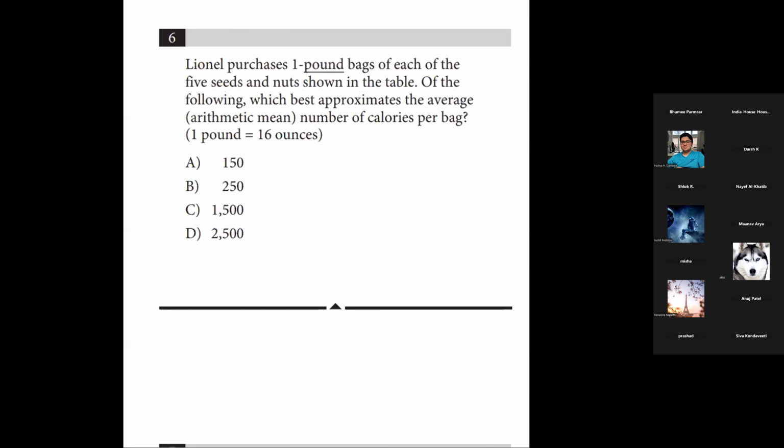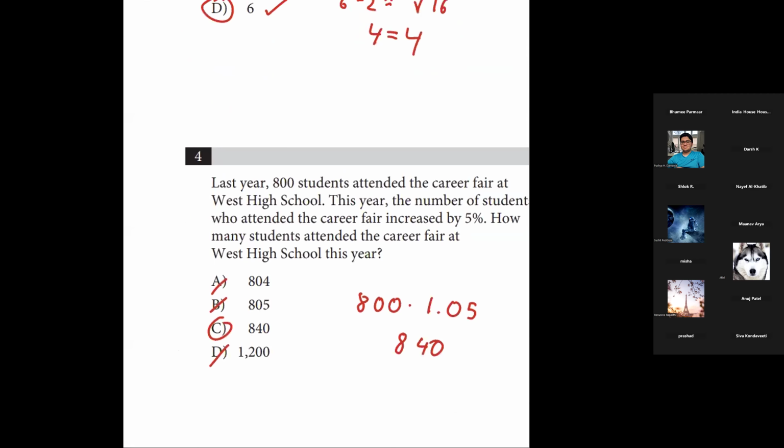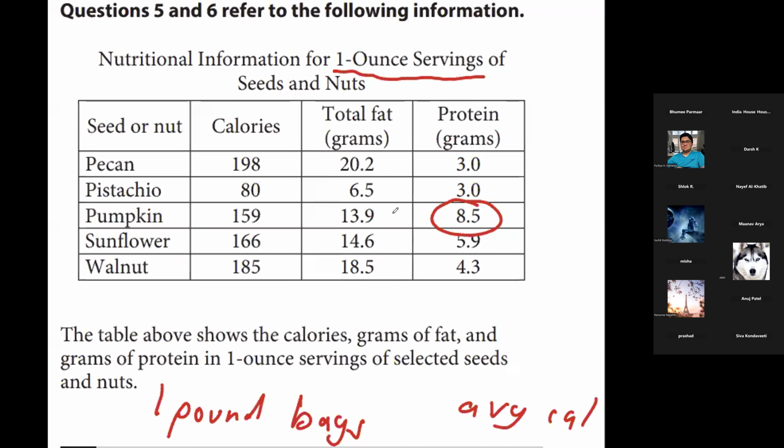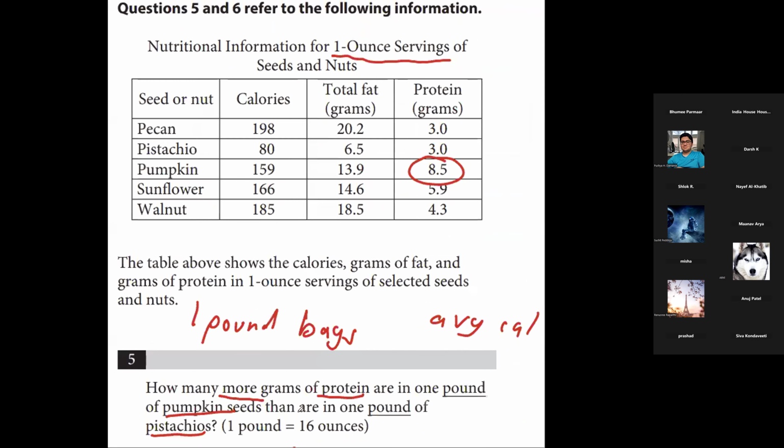So average calories per bag, and 1 pound is 16 ounces as usual. I just put that information here on the table. So basically you have 1 pound bags again, and one pound is 16 ounces as usual, and it's asking us what is the average number of calories. So I'll give you a minute to solve that.